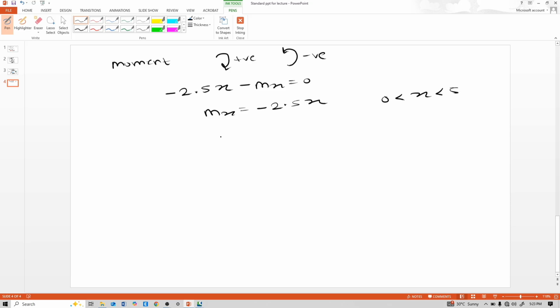So moment at 0 is equal to 0 kilonewton meter, and moment at 5 is equal to minus 2.5 into 5 kilonewton meter.